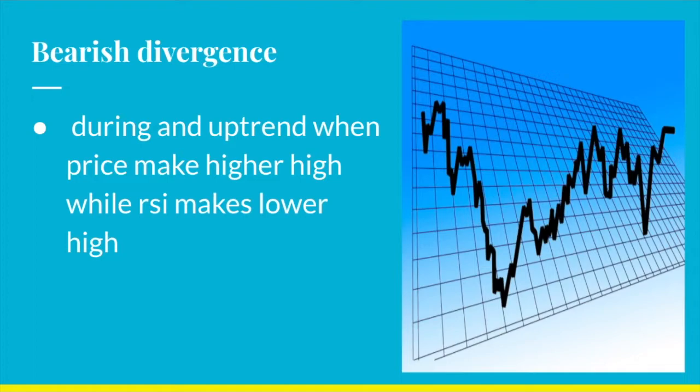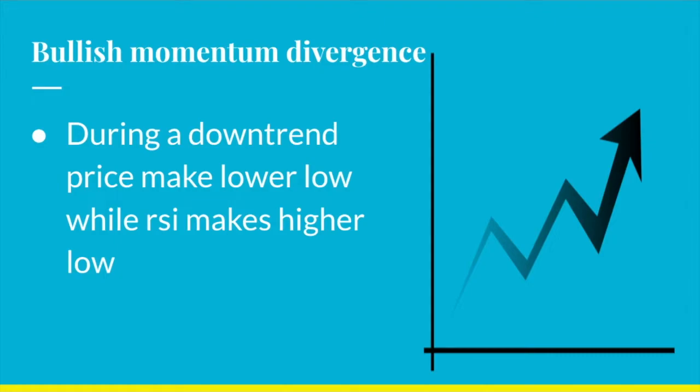So it's contradicting. That indicates that the price is probably also going to follow the RSI and the momentum, and then make a correction. Similarly, bullish divergence: when it is in a downtrend, the price is making a lower low, but RSI is making a higher low. That indicates that although the price is falling, there is an early warning that the price can revert and move upwards. That is what bullish divergence is.